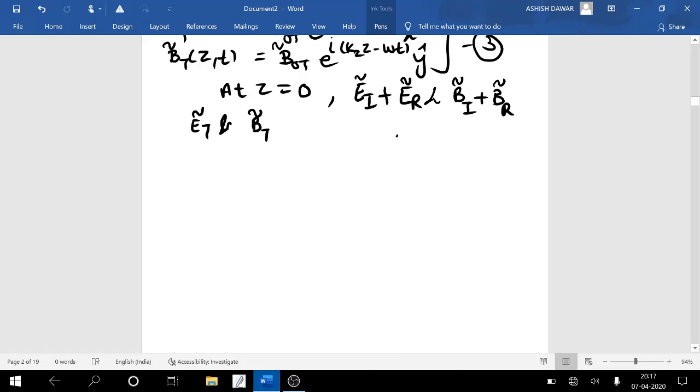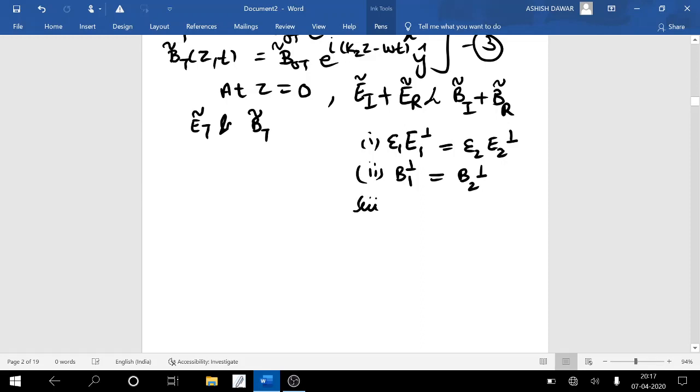So we can write it here: epsilon 1 E1 perpendicular equals epsilon 2 E2 perpendicular. Okay, this is the first boundary condition. Second boundary condition is B1 perpendicular equals B2 perpendicular.